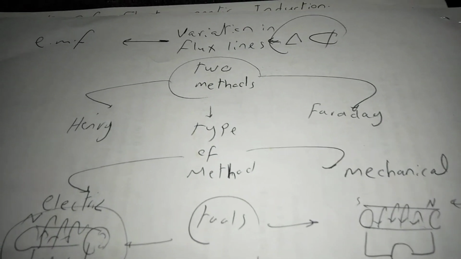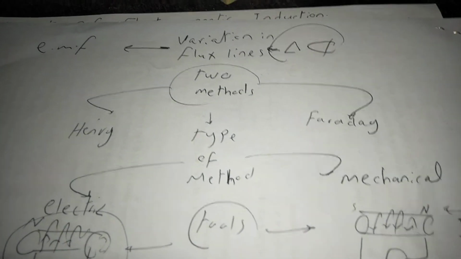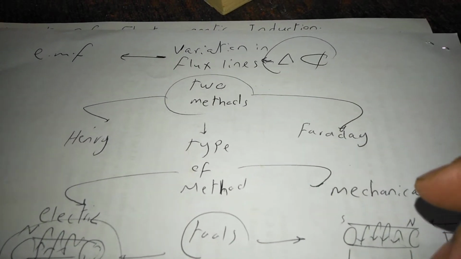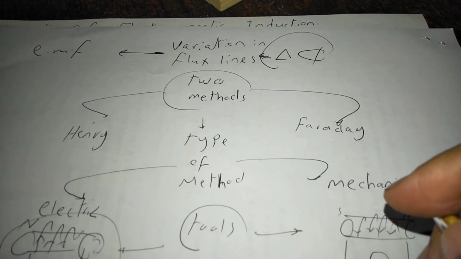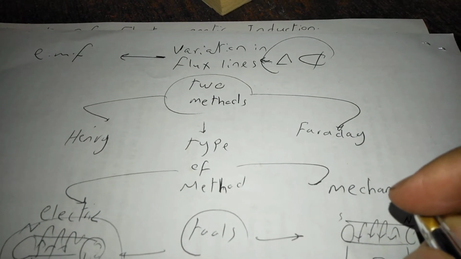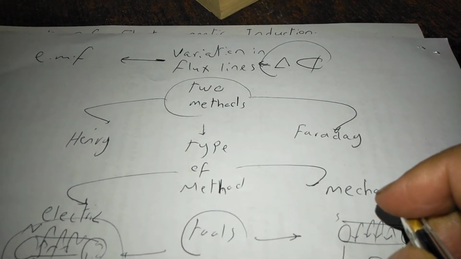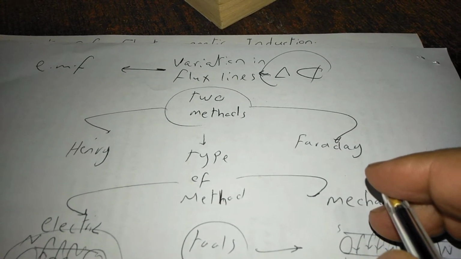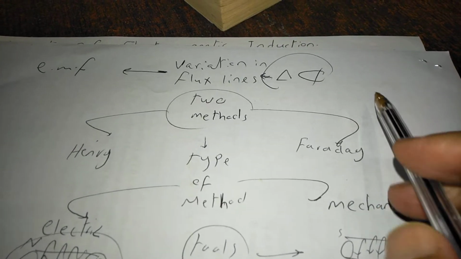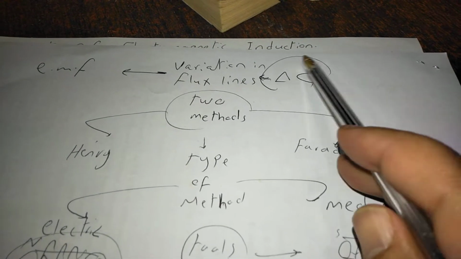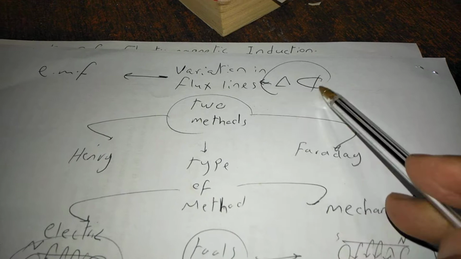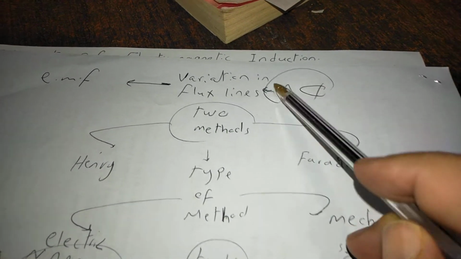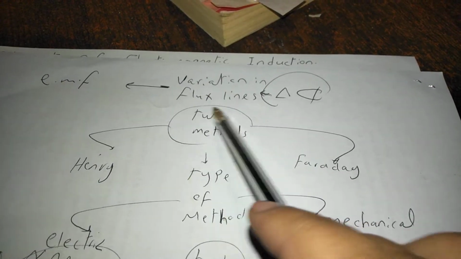Bismillah. Today we are going to study a very important comparison between the two methods that output an induced electromotive force. And in this comparison, we confirm the idea of induction, which is the variation in the flux lines.